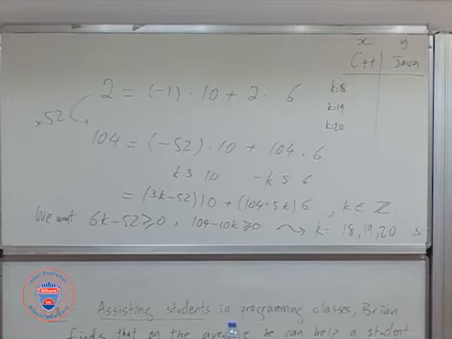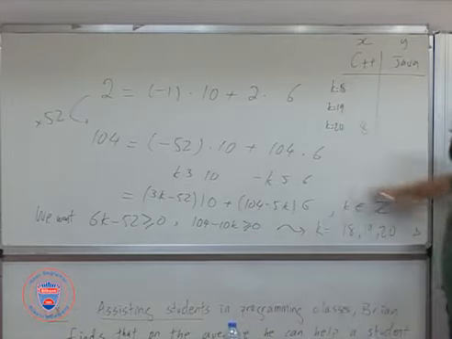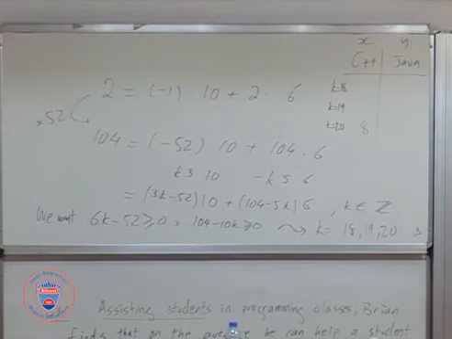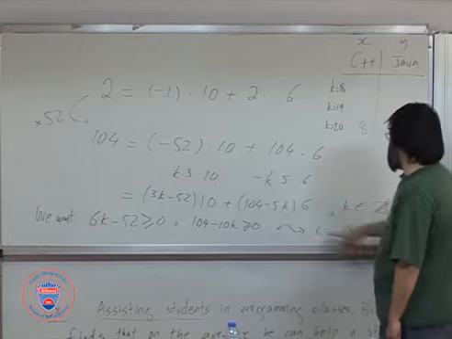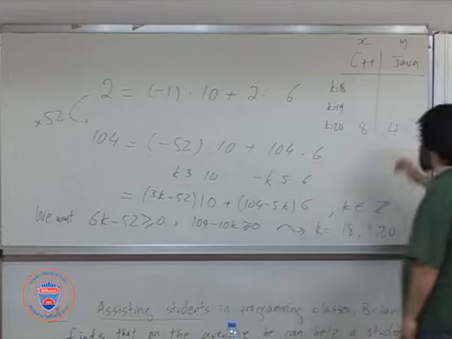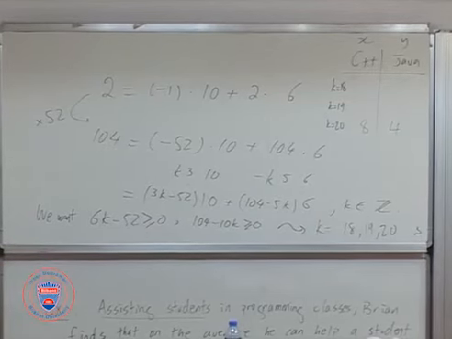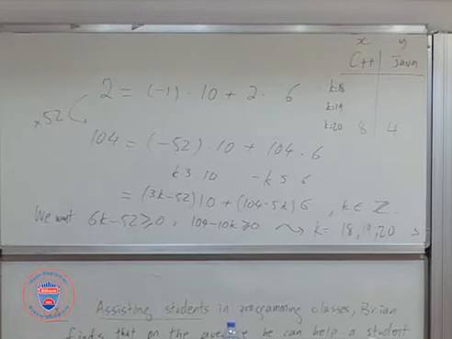So for 20, you get 60 minus 52 is 8. So you do 8 times C++, and then you get totally 80. And then for the same 20, you get 4 times Java, which is 24.